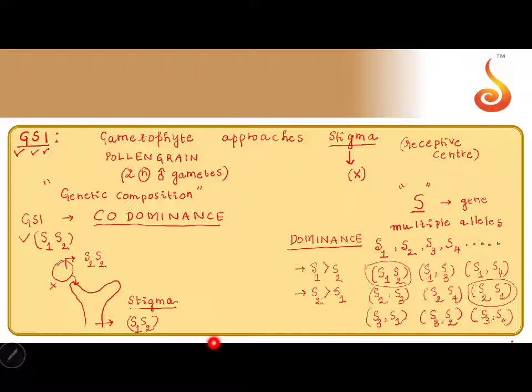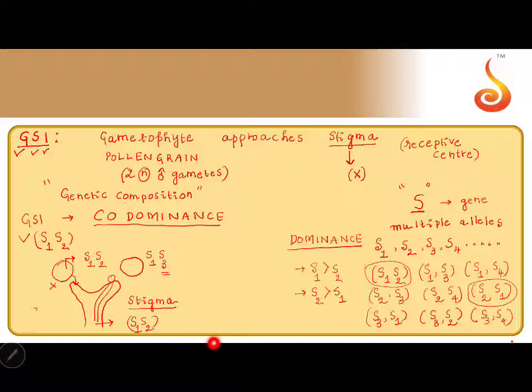Then if we have another pollen grain which has S1, S3. So it is codominance. Because of the presence of S1, S3, this pollen grain will partially germinate, but this will not be successful. We should have no allele in common, that is the point.